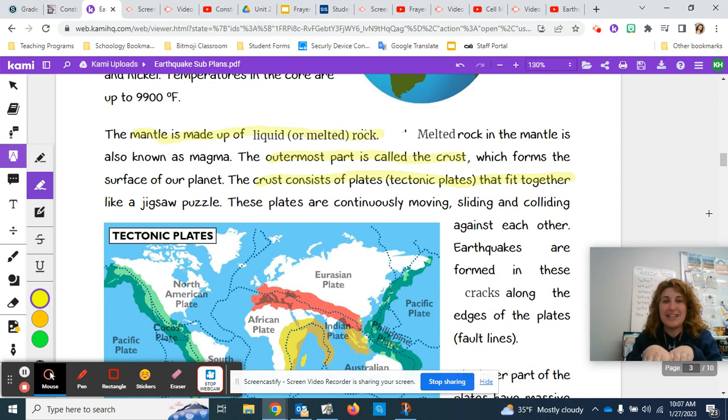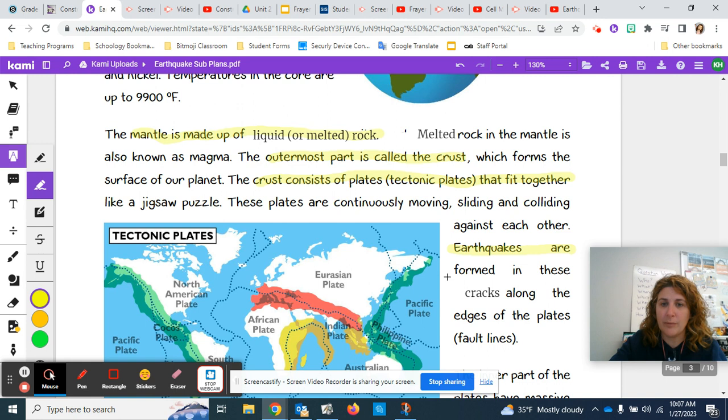Las placas tectónicas se mueven para siempre, all the time, right? Pero se mueven solo un poquito. Earthquakes. So cuando las placas tectónicas se mueven, resultado en earthquakes.